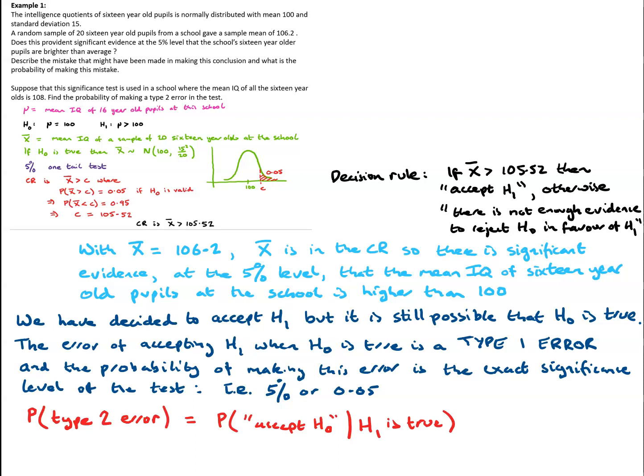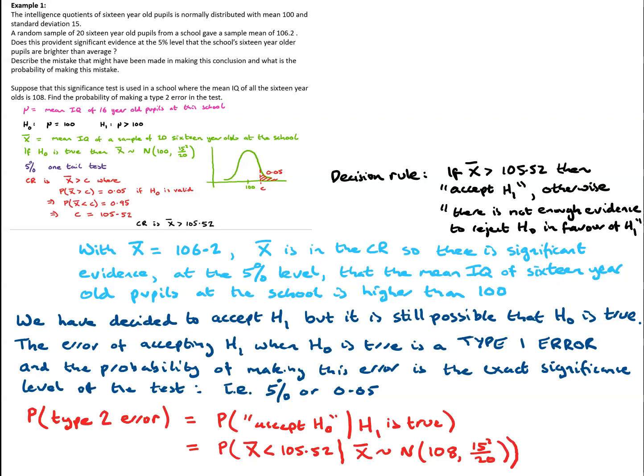Now we will accept the null hypothesis if the value of the sample mean is not in the critical region. So we will accept the null hypothesis if the value of x bar is less than 105.52 when the alternative hypothesis is true.